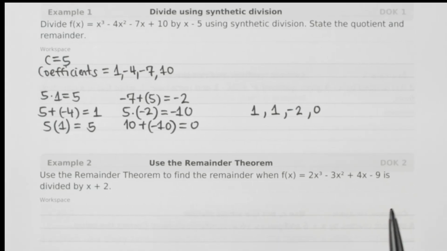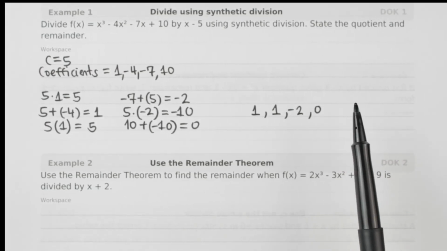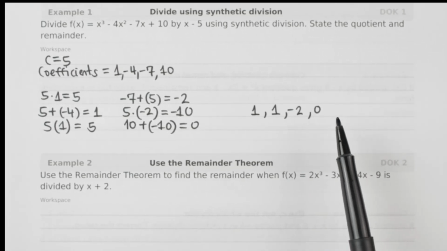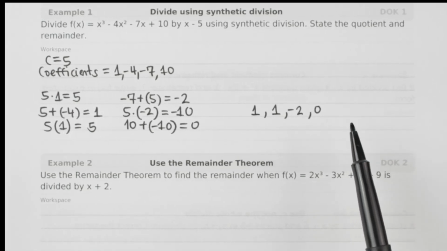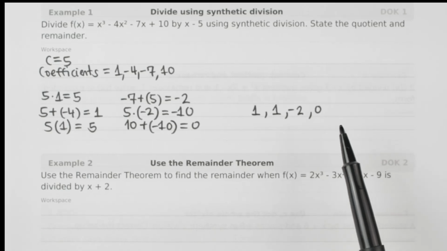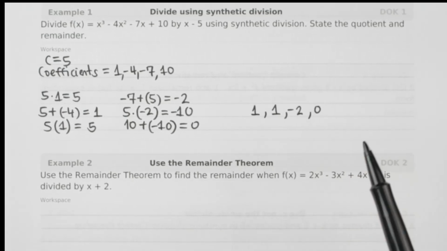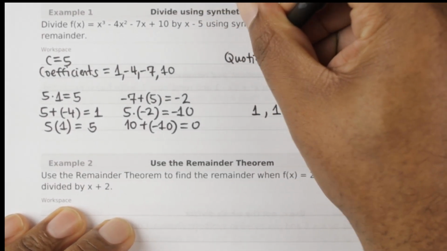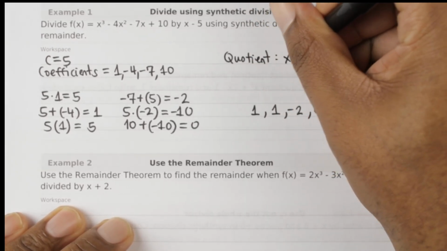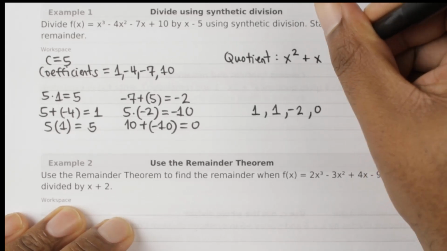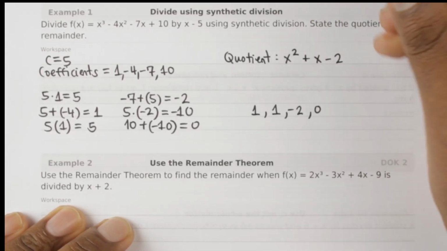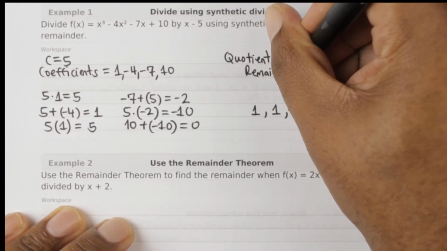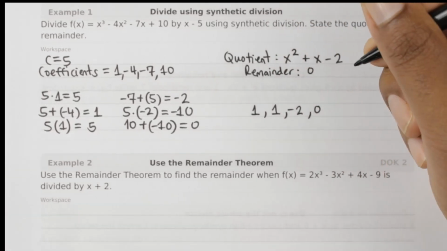The last number is the remainder. So the remainder is 0. The other numbers are the coefficients. Since we divide a cubic by a linear factor, the quotient is quadratic. So essentially the quotient is x squared plus x minus 2 with the remainder of 0.